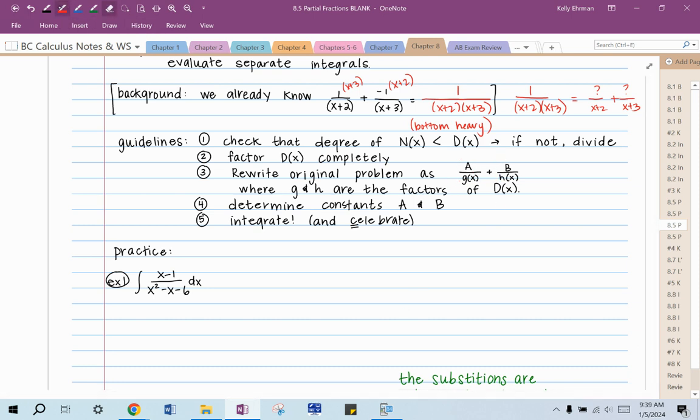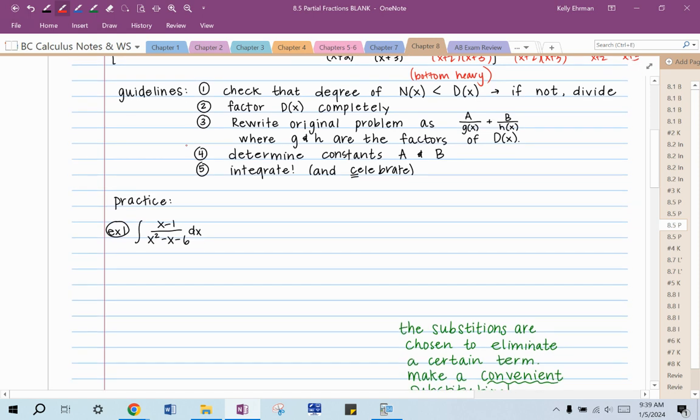All right. So let's start with this one. This is bottom heavy, so check on that. And we can factor the denominator into x minus 3 times x plus 2, right? The next thing is to rewrite the original problem. So let's remove the integrand from the integral for a second and say x minus 1 over x minus 3 times x plus 2 has got to be the sum of some fraction that has x minus 3 in its denominator, we'll say A is the top variable for that, plus something B over x plus 2, right?